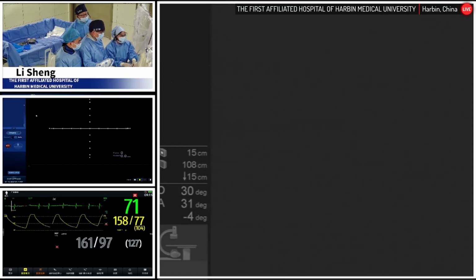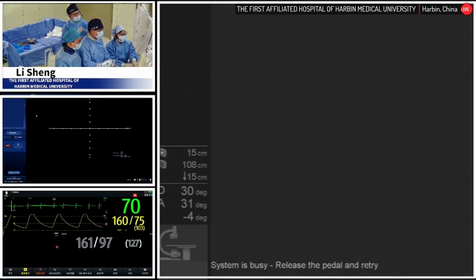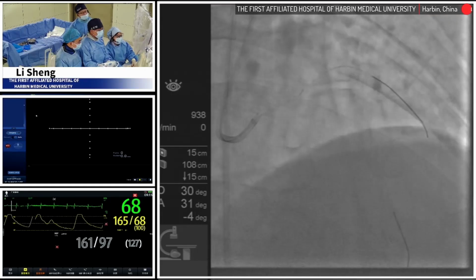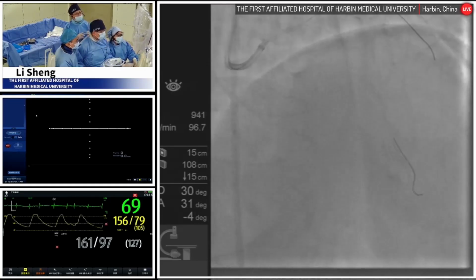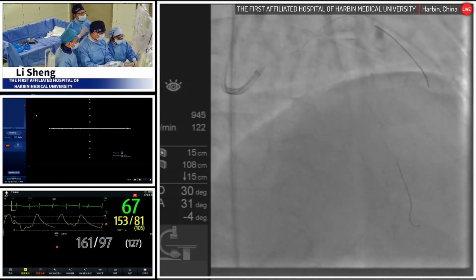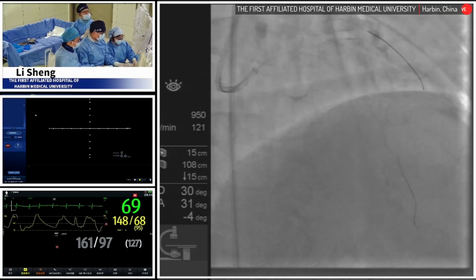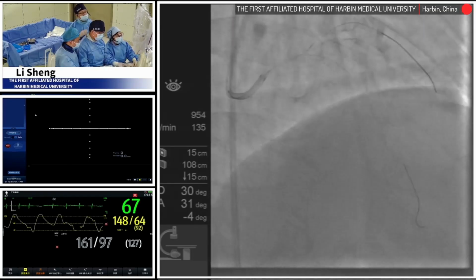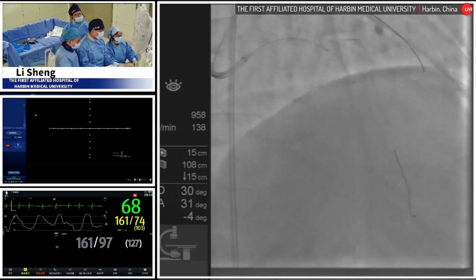Yeah, I think IVUS and OCT have their pros and cons. But for the left main, because it is usually very big, you prefer to use IVUS. I think that's a good choice.